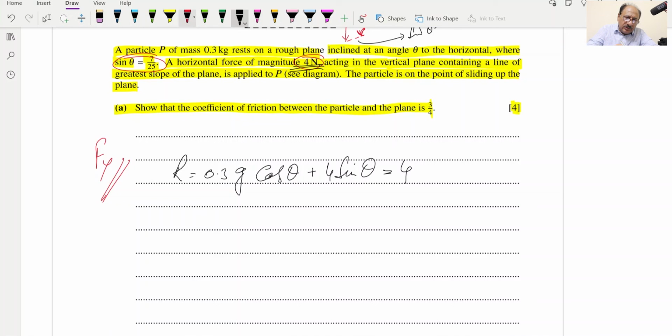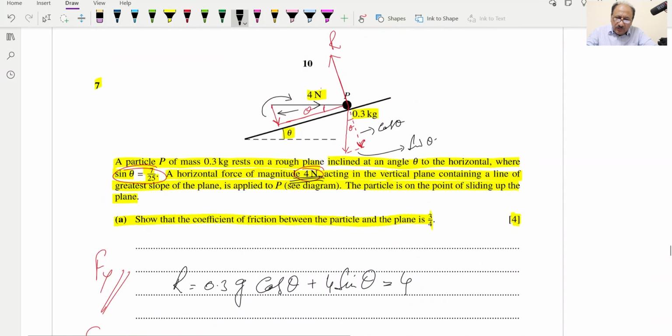and from now we can basically solve the x component also. So forces acting along x axis will be what?